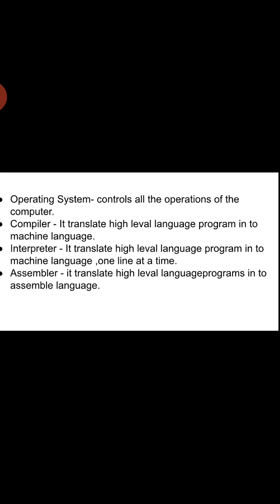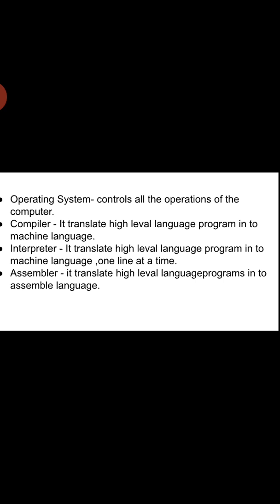It translates the high level language program into machine level language. The compiler is a translating program which translates a program written in a high level language into machine language. Then comes the interpreter. It also translates the high level language program into machine language.